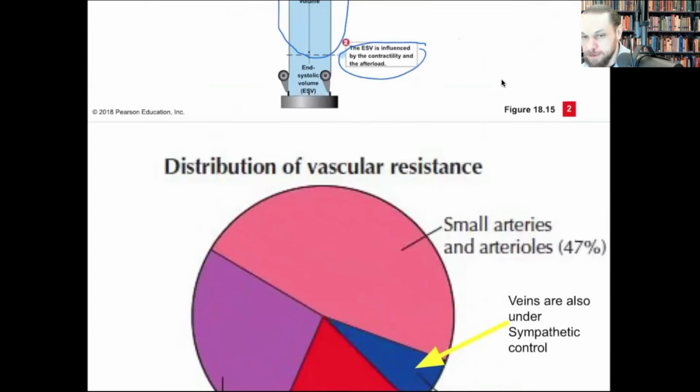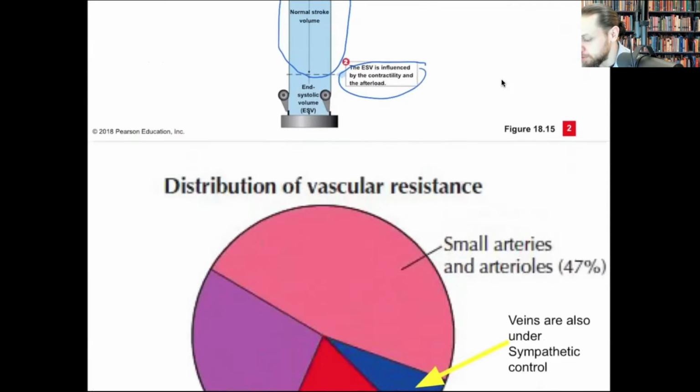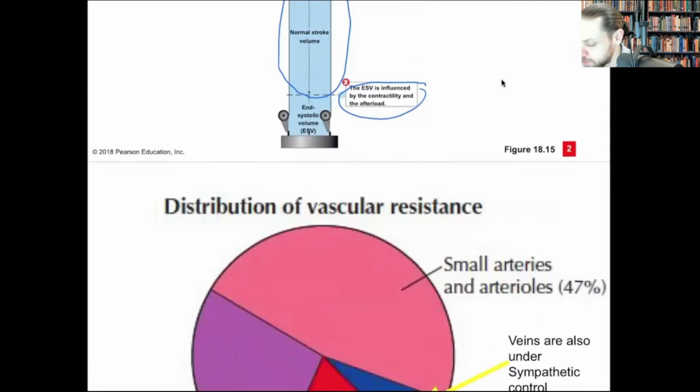The other formula that I need to explain is the following. Before, we had cardiac output as stroke volume times heart rate, but there's something else: blood pressure. Blood pressure is the product of cardiac output times systemic vascular resistance.